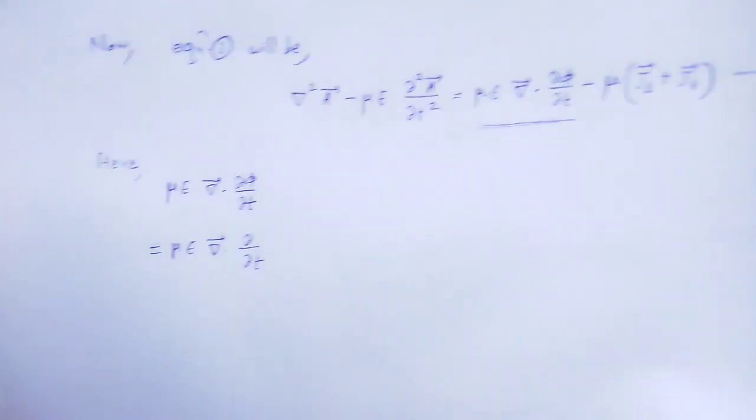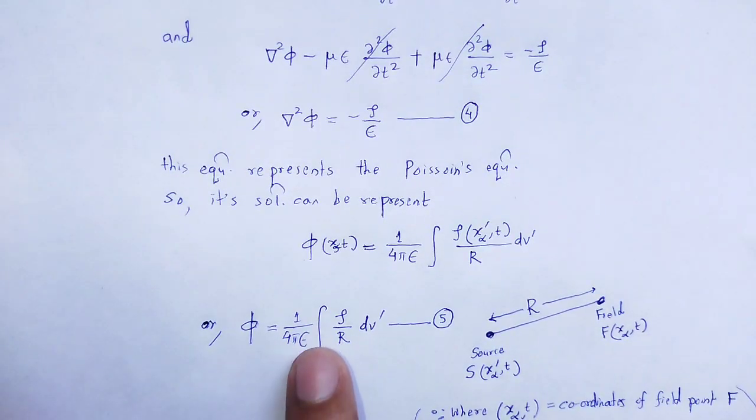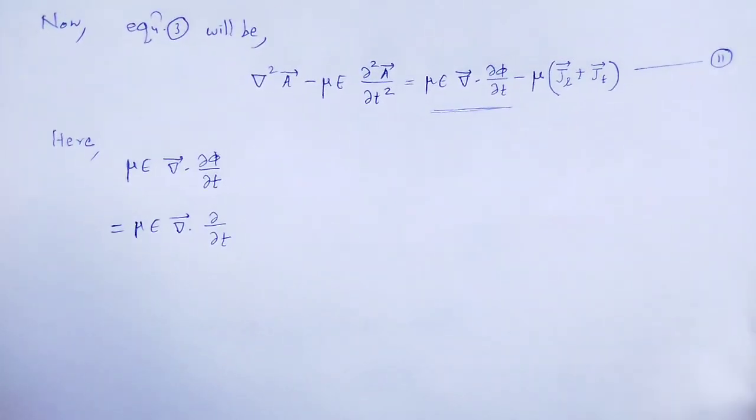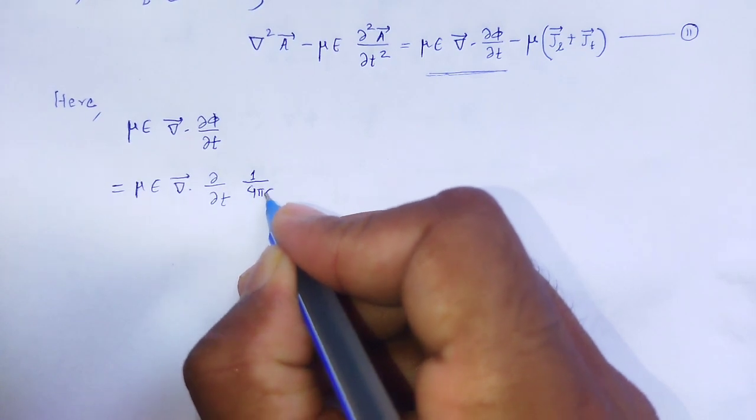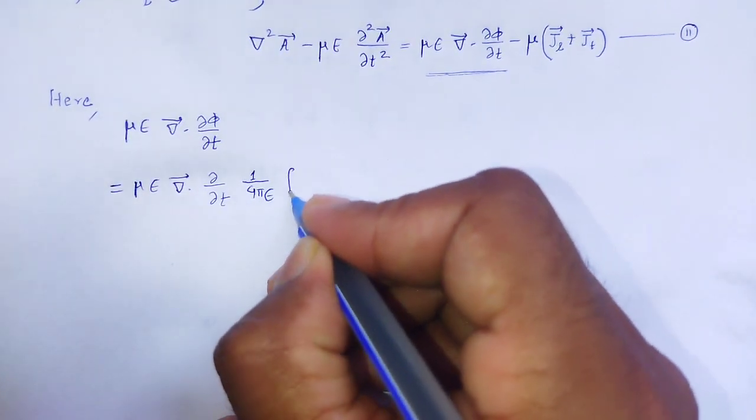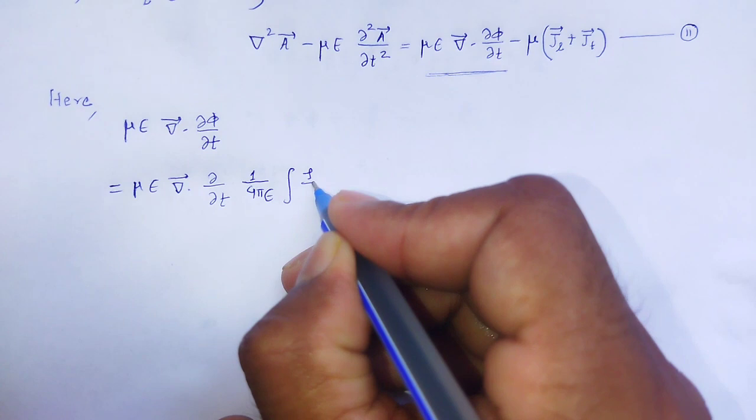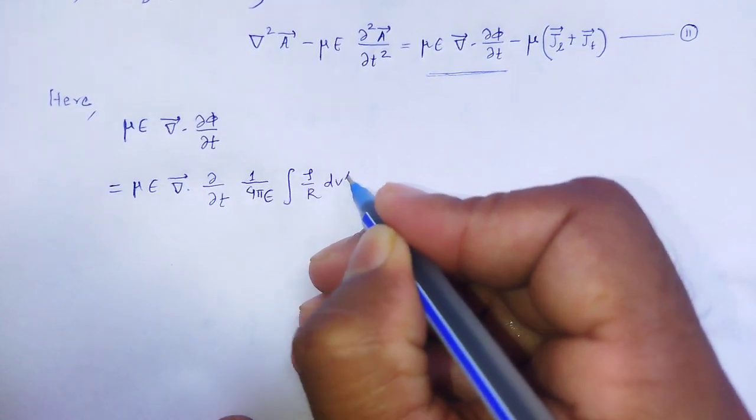Solution for phi is 1 by 4 pi epsilon integration over rho by r dV dash.